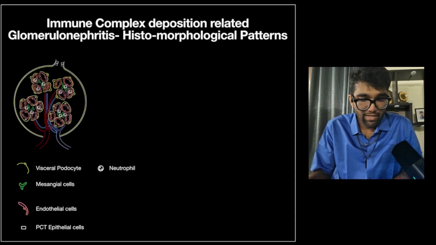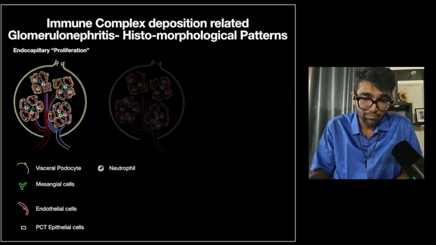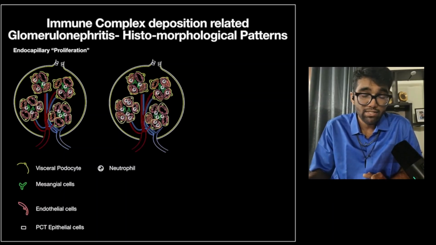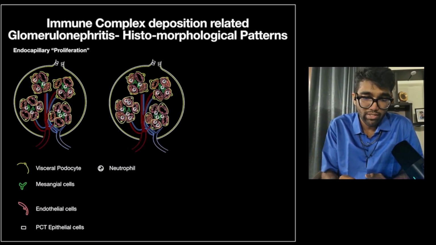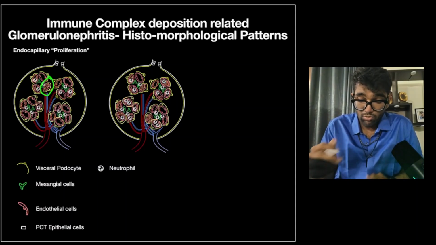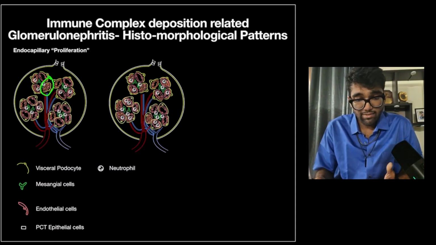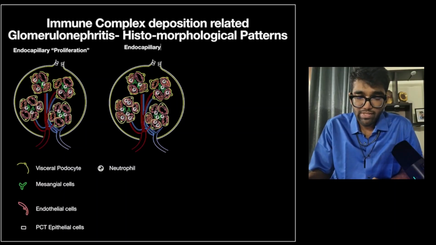Again, the first situation is when there is pure endocapillary proliferation. Proliferation here means that there is an increase in the number of endothelial cells occluding the glomerular capillary, and additionally there is neutrophilic infiltration. Second, we have endocapillary and mesangial proliferation.